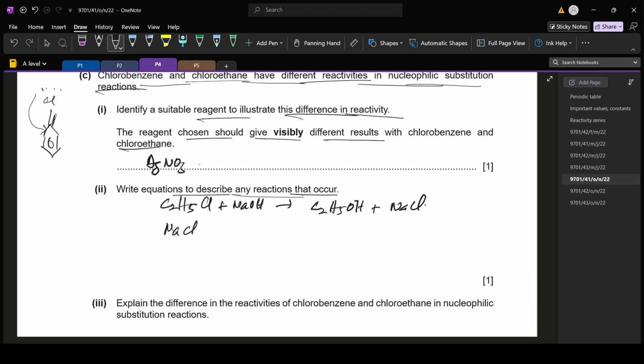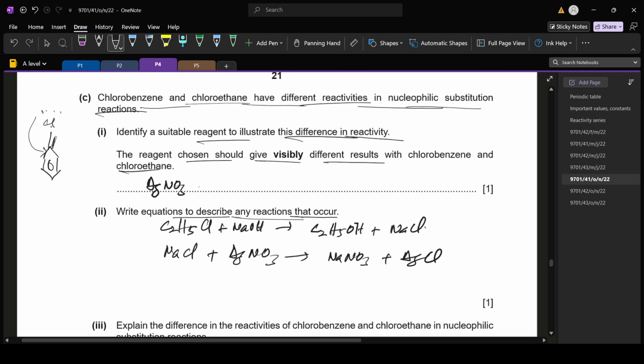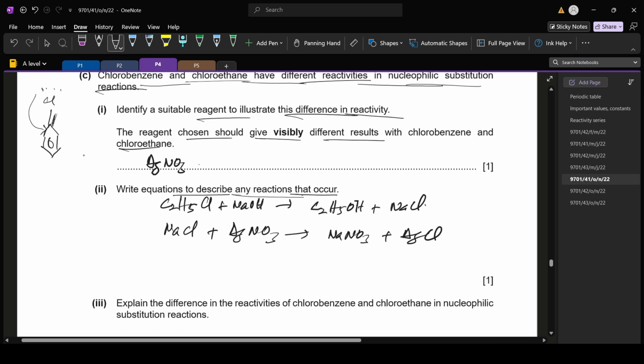Now when this NaCl reacts with silver nitrate, it forms sodium nitrate plus silver chloride, which gives a white ppt. This is the reaction which happens, and there is no equation for chlorobenzene, because chlorobenzene does not react with silver nitrate.